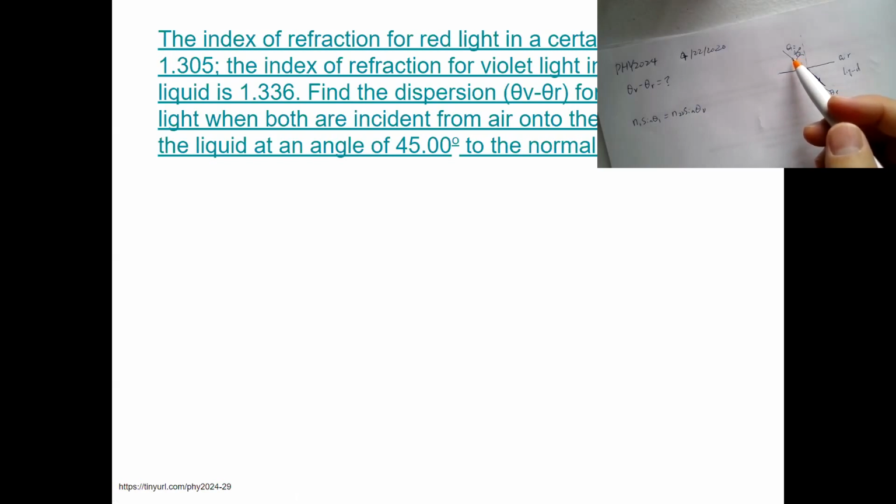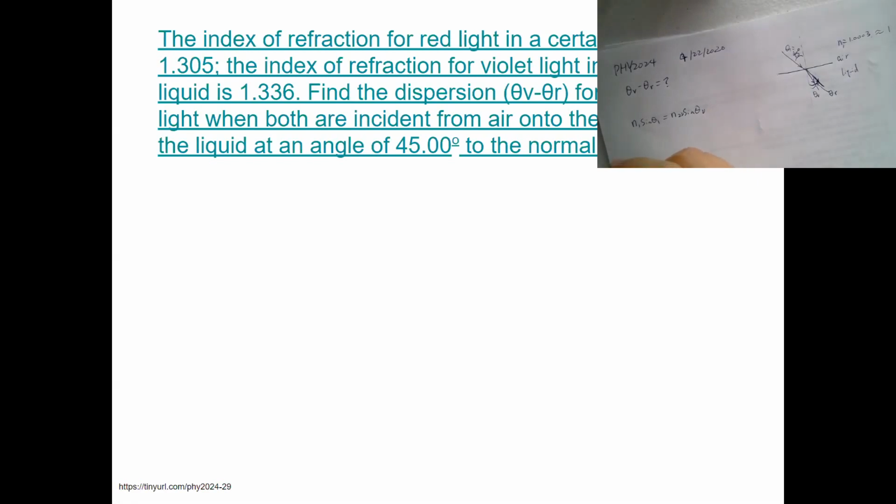That's true, but because the index of refraction of air is very small, even if there's a difference, it will be very small. So we can just assume that the 2 have the same index of refraction in air. Both will be very close to 1, so you can use 1 as an approximation. I'm going to use n1 as 1 here.